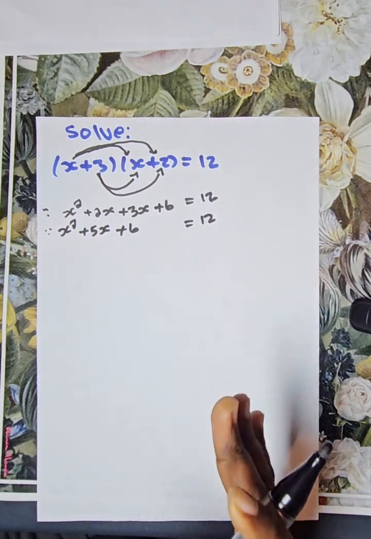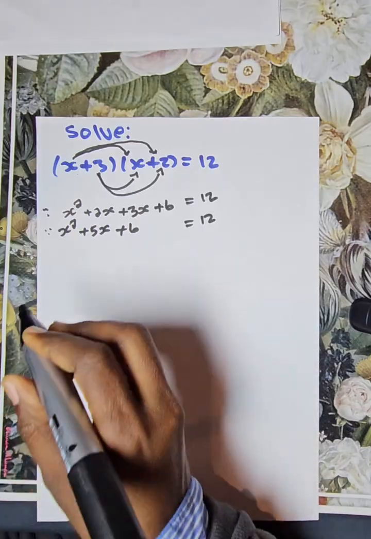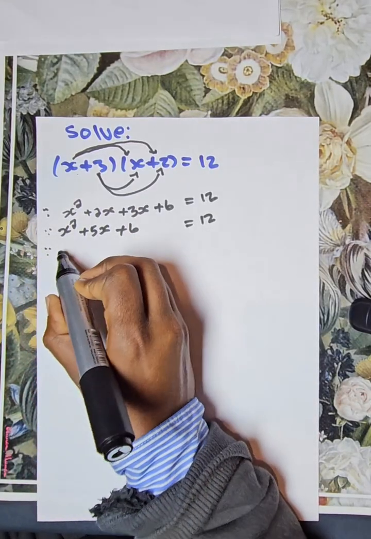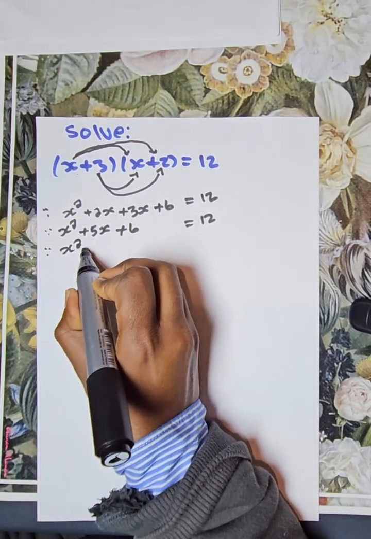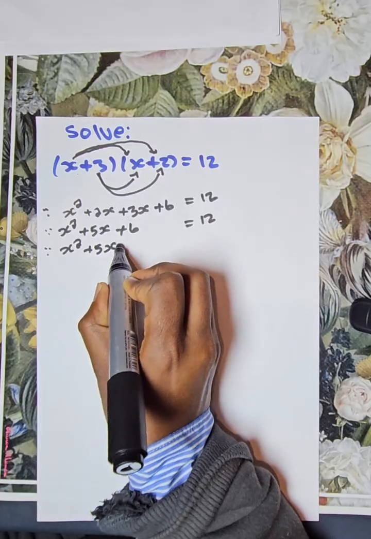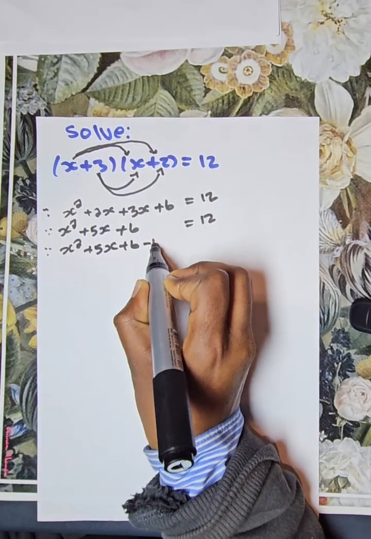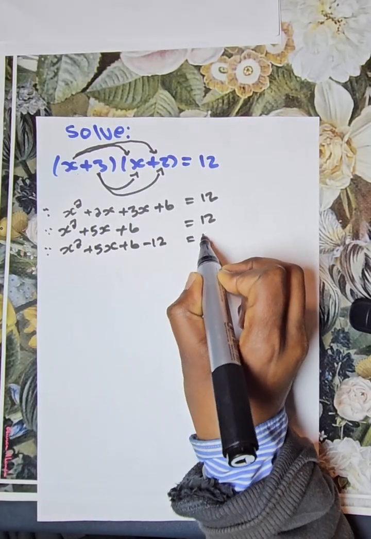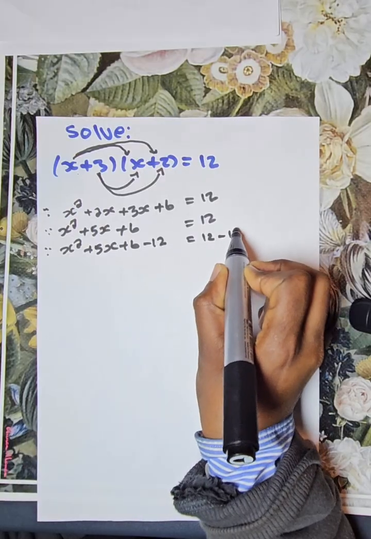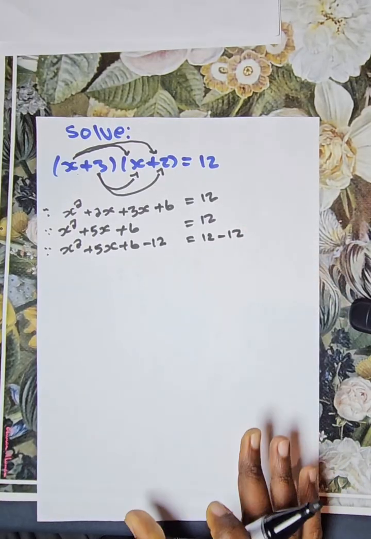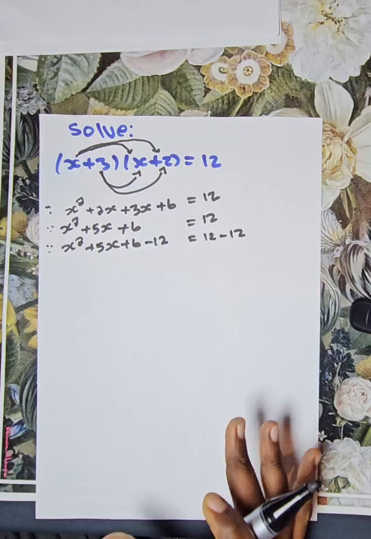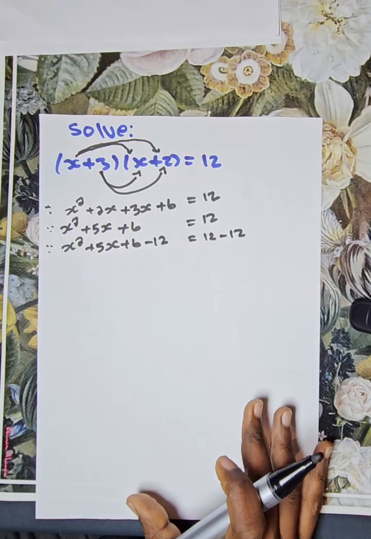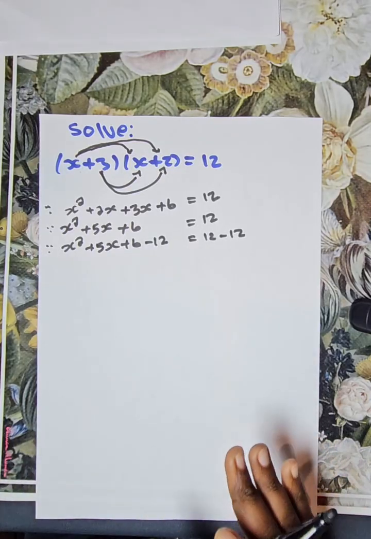Now we need to get everything on the left hand side. We therefore say x squared plus 5x plus 6 minus 12 equal to 12 minus 12, because in order to get rid of the 12 we need to subtract 12 from both sides.